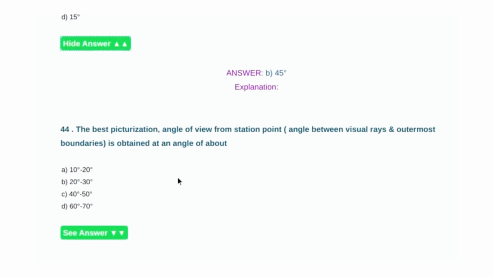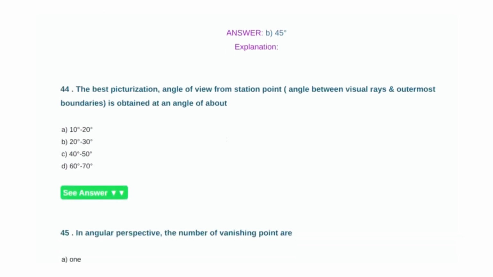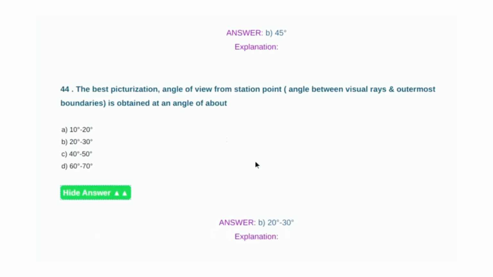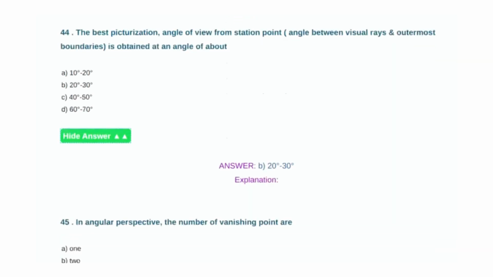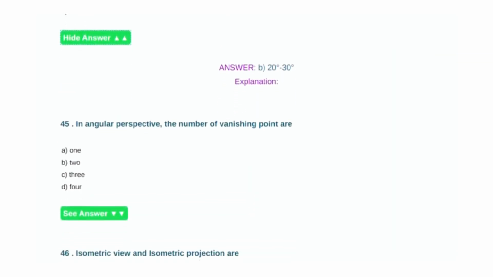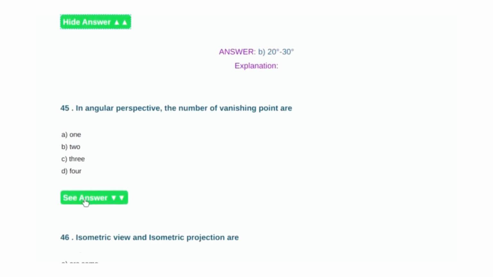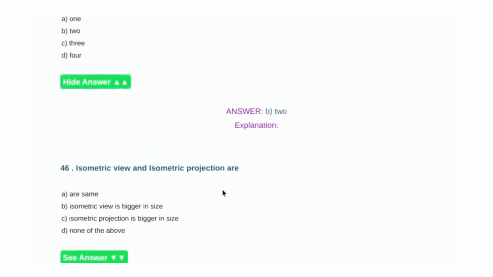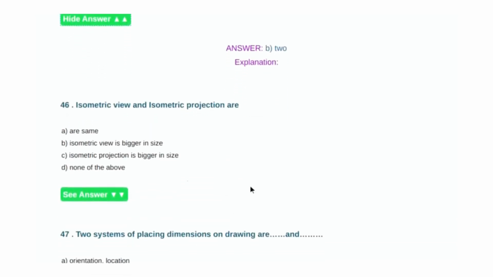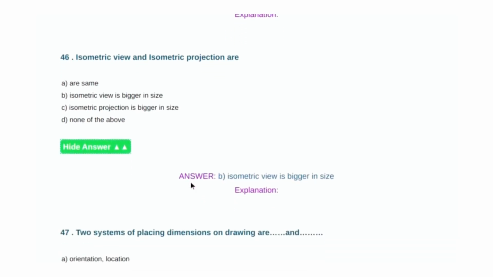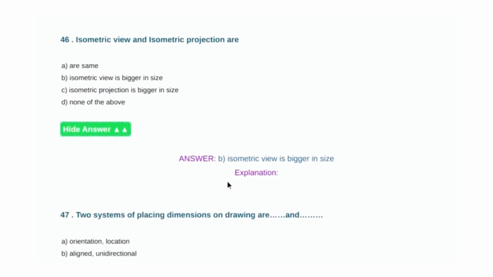The best picturization angle of view from the station point is obtained at an angle of about 20-30 degrees. In angular perspective, the number of vanishing points is 2. Isometric view and isometric projection are the same; isometric view is bigger in size.